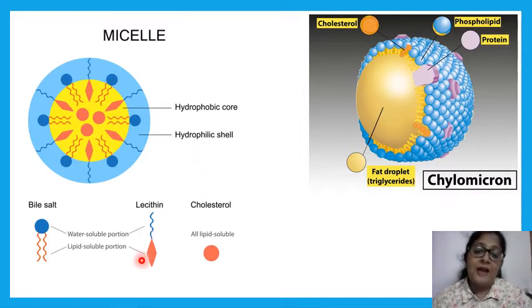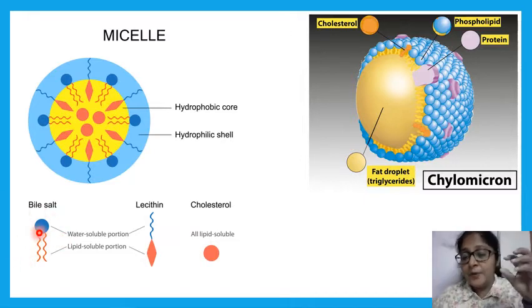Along with that they have lecithin, cholesterol, lipid soluble substances and also the bile salt, which help the fat molecules pass from one part of the absorptive stages to the other.